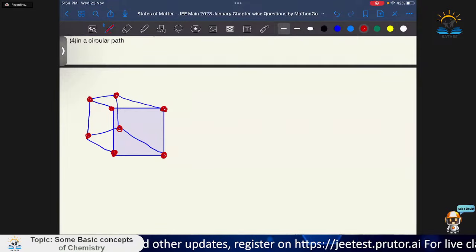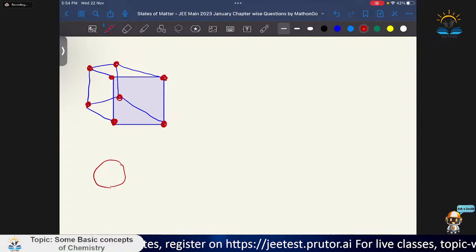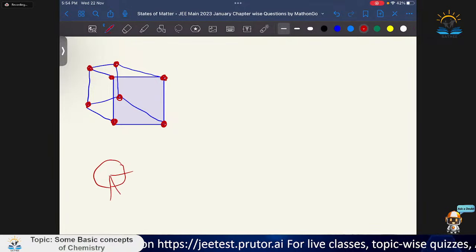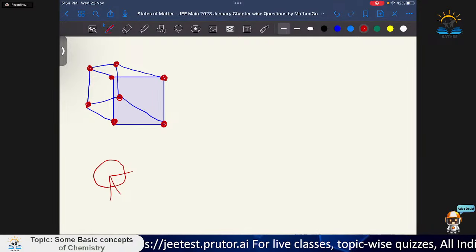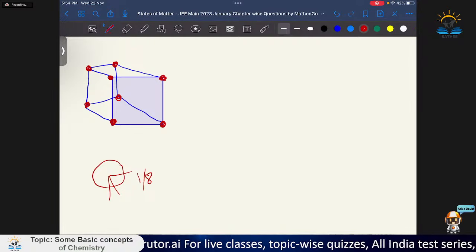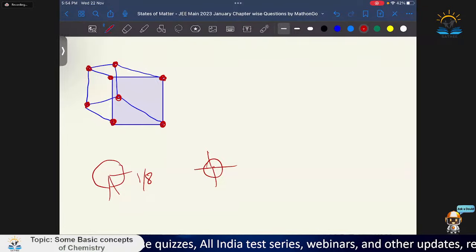So each corner, you can see if there is a sphere and you take it, you keep it on the corner of this thing, your cube. How much of the sphere will be accommodated? 1/8 of the sphere will be accommodated. Because if a sphere is there, you need to put 8 such cubes in order to cover the sphere fully if you're keeping it on corner of each cube.